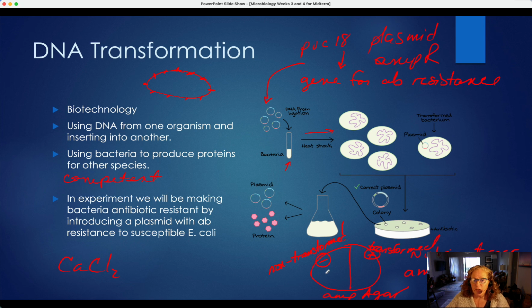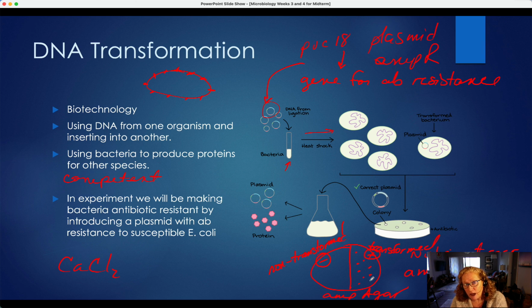Why? Those bacteria did not gain access to this plasmid right here that contained our resistance gene. So these bacteria are still susceptible to the ampicillin, to the antibiotic. Here on the right, however, we start seeing small colonies of growth, and these are the bacteria that did take up our plasmid. So that test tube was exposed to the AMPR gene on the pUC18 plasmid.